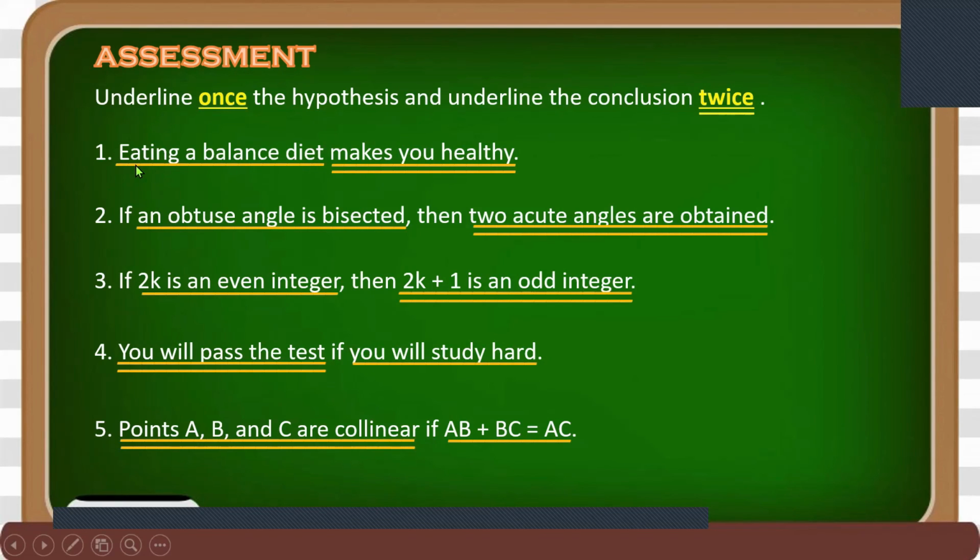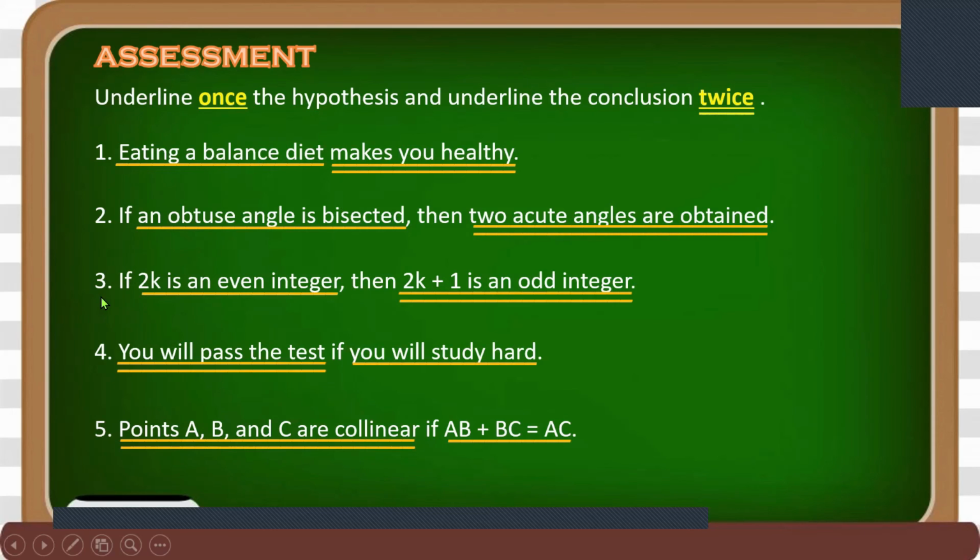So number 1, eating a balanced diet is our hypothesis. Then the conclusion, makes you healthy. Number 2, our hypothesis is an obtuse angle is bisected. Obviously, the conclusion is 2 acute angles are obtained.